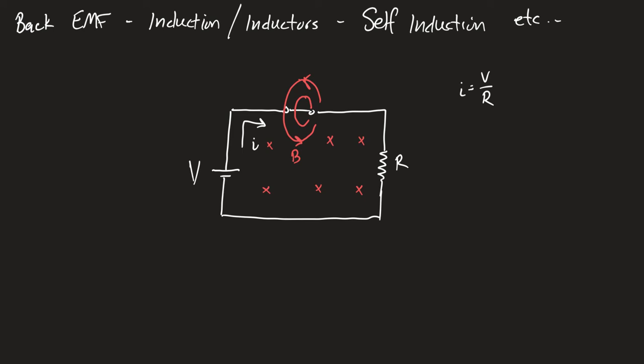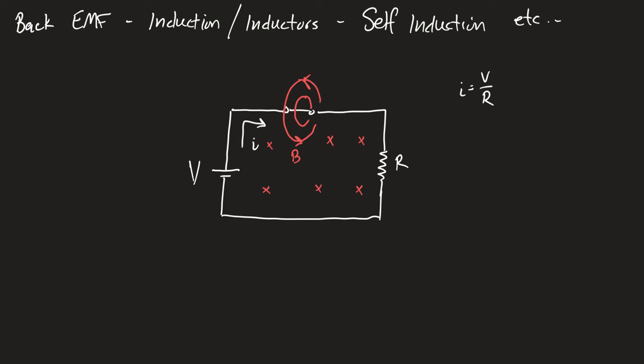Now, there was no flux before, but this constitutes a closed loop with length and width. When I close the switch and generate this current, I create a change in flux.